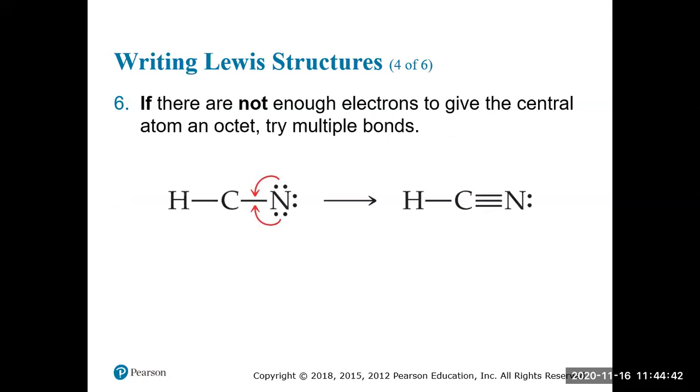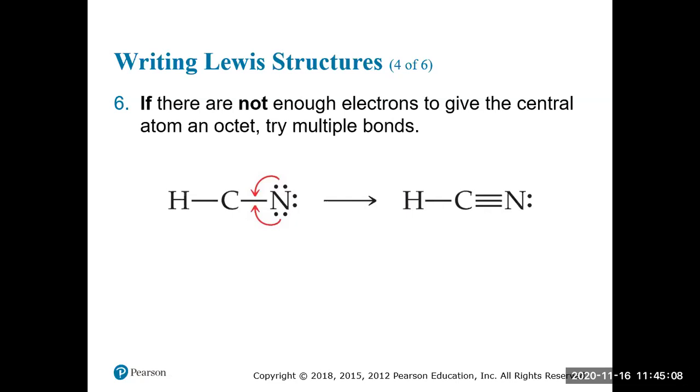And so right now, if we just drew it with a single bond from carbon to hydrogen, and then a single bond from carbon to nitrogen, and then had 6 free electrons around that nitrogen, we'd satisfy the octet for nitrogen, we'd have 8 there, but we only have 4 electrons around the carbon.